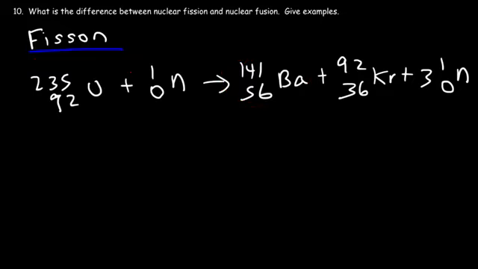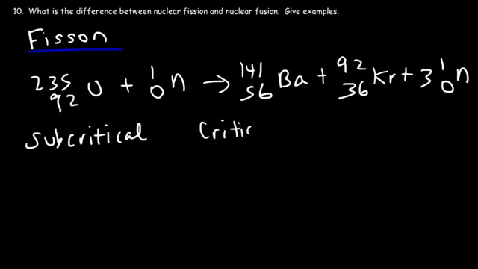Now, is this process, or this chain reaction, would you say it's subcritical, critical, or supercritical? Which of these 3 words would you use to describe this particular chain reaction, and why?